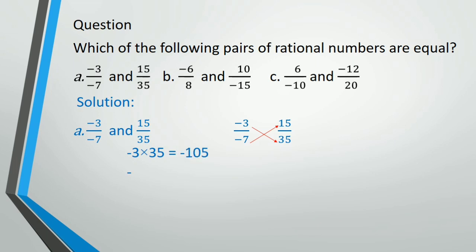That is minus 3 into 35 is minus 105. Then minus 7 into 15 is also minus 105. Hence we have got both of these products are equal. Therefore we can say that the given two rational numbers minus 3 by minus 7 and 15 by 35 are equal.